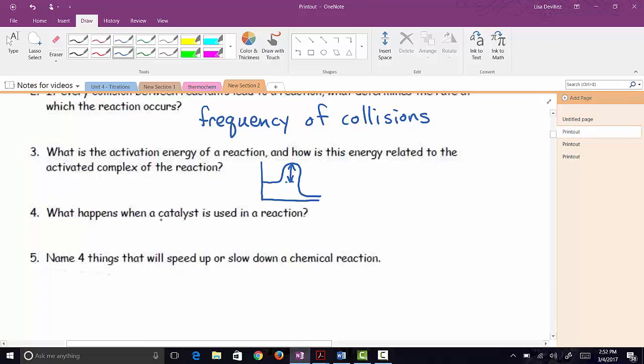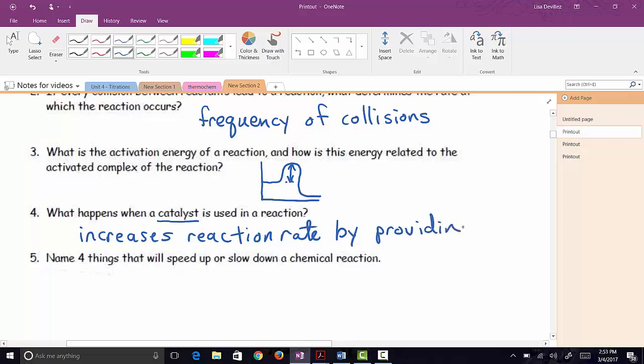We're going to talk more in detail about catalysts, which is brought up in number 4, but essentially a catalyst increases reaction rate by providing a pathway with lower activation energy.